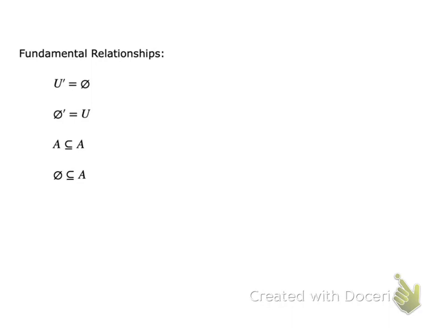What's the complement of the null set? It's U. That's just given. A is always a subset of itself. So when we're breaking a set down into subsets, we always include itself as one of the subsets. And the null set is also always a subset of A.